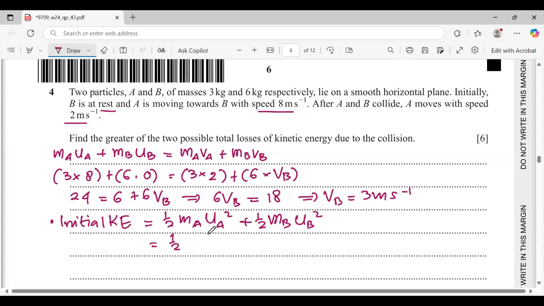This is 1/2, this is 3, this is 8 squared, plus 1/2 times 6 times 0 squared. So if you calculate the result, this is 0, and this one is 96 joule.